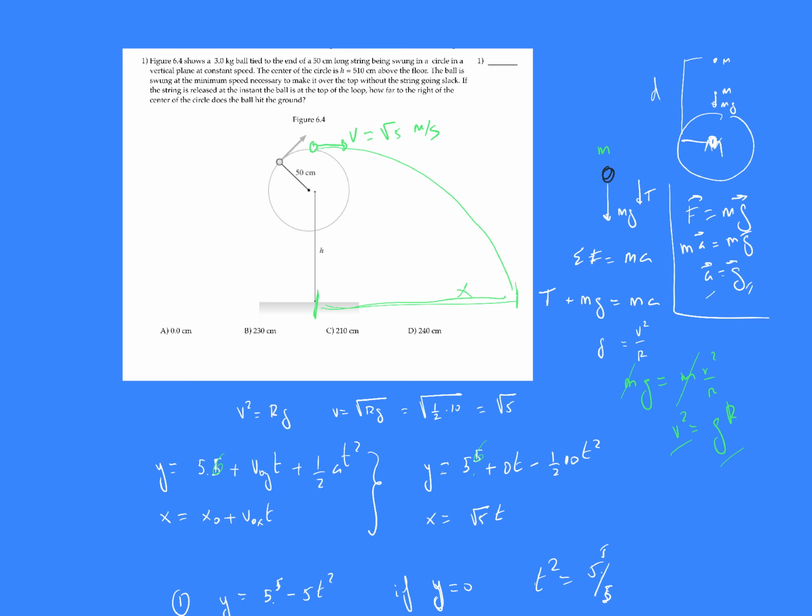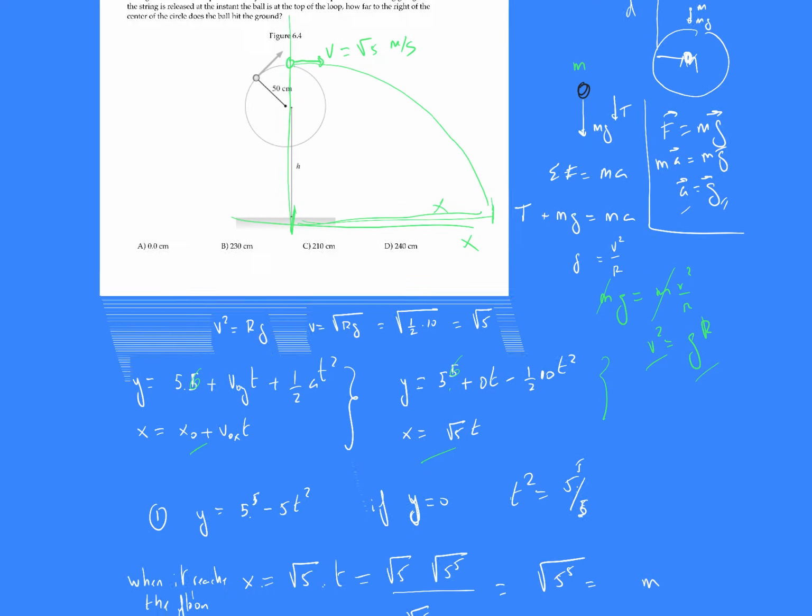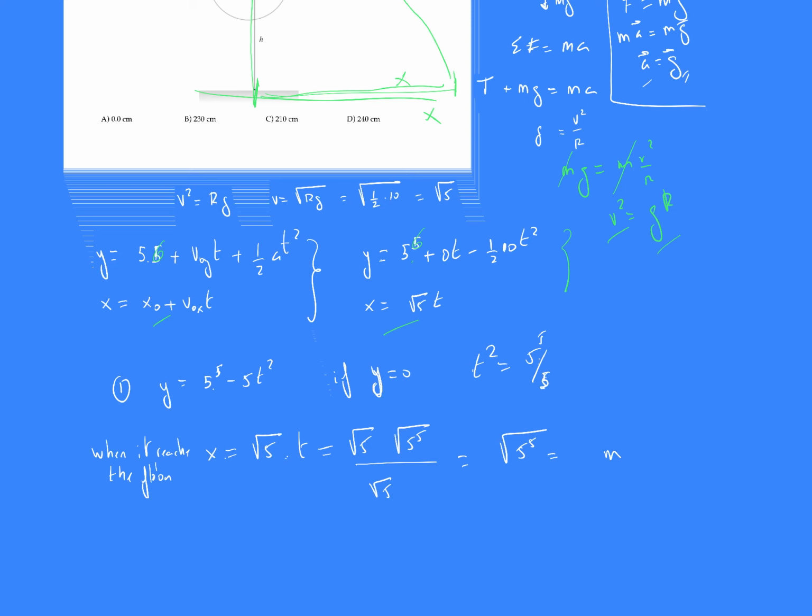The equation for the x is x equals x0 plus v0x t. If I choose my system of reference like this, the initial position in the x direction is 0, so x0 is 0. So I have two equations with two unknowns. I will find the time t to land on the floor.